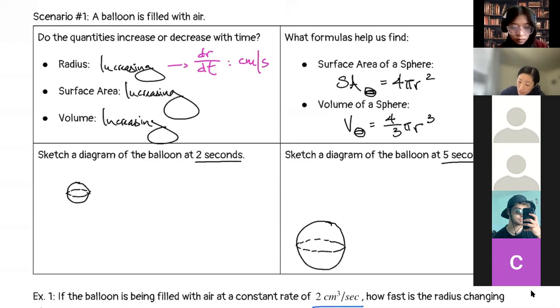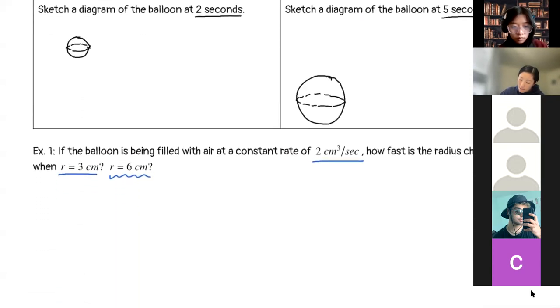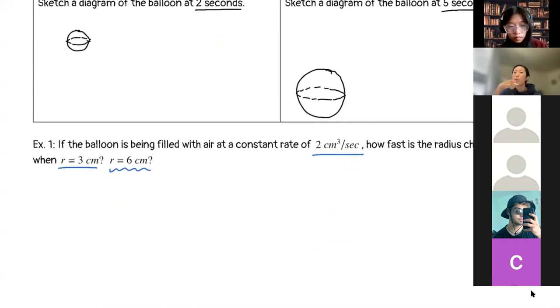Maybe I should write it as an up and down fraction like this, so we can see how the pieces match a little better. The change in radius is in centimeters, while the change in time is in seconds. So let's go back to this again. I have 2 centimeters cubed per second.